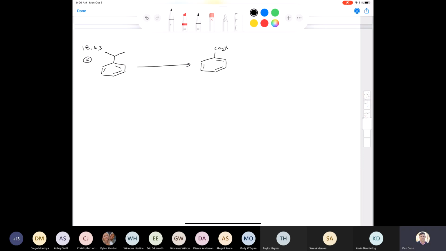So we want to make para-nitrobenzoic acid from cumene. The way I would think about this is that really the only way we've learned how to make a carboxylic acid when we have an alkyl group is that we're going to have to oxidize that, and then, of course, do an acidic workup.